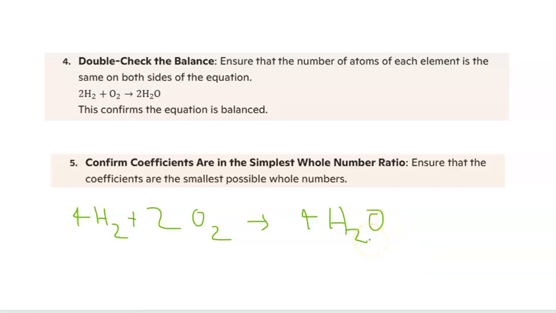But this is not the balanced equation. Why? Because you can divide by 2, by 2, and by 2, and you get the smallest possible whole numbers. Okay? This is an important step.